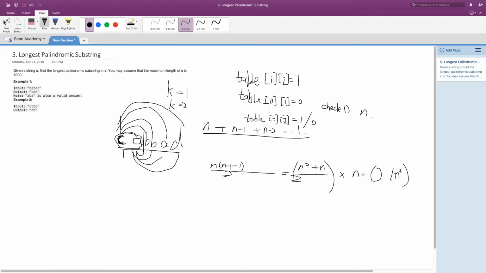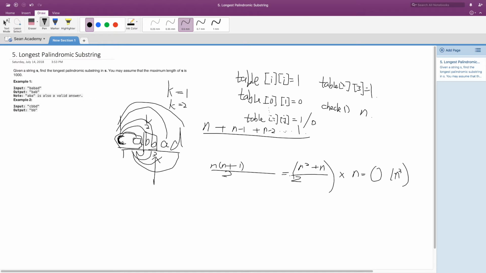Like say here BB is at index 1, 2, so table[1][2]. Here, 2 to 3, so table[2][3] is equal to 1.